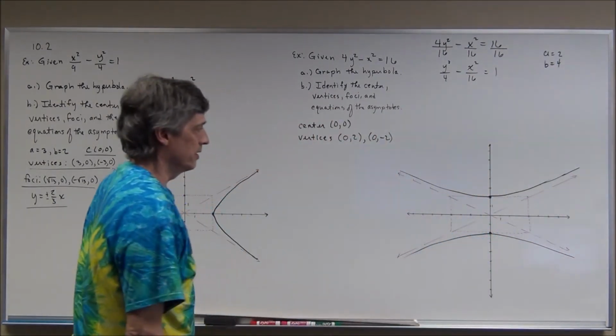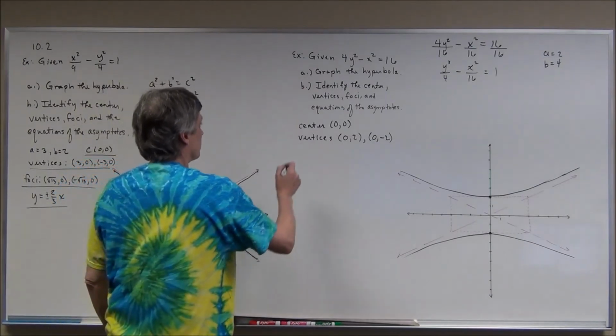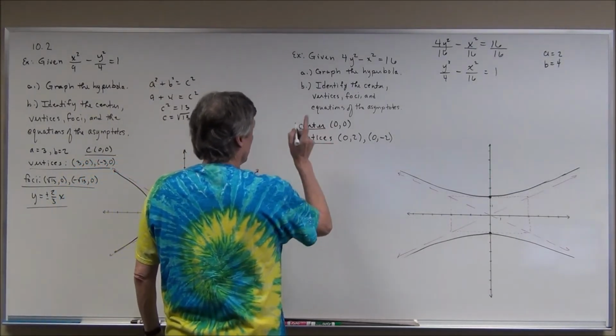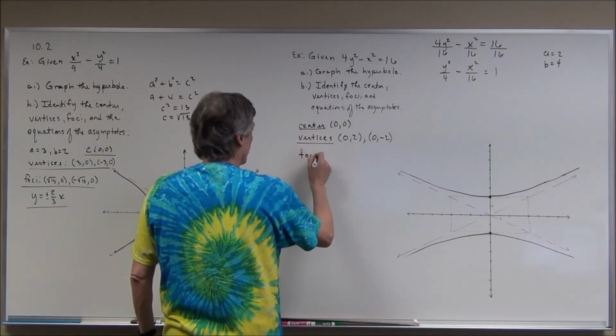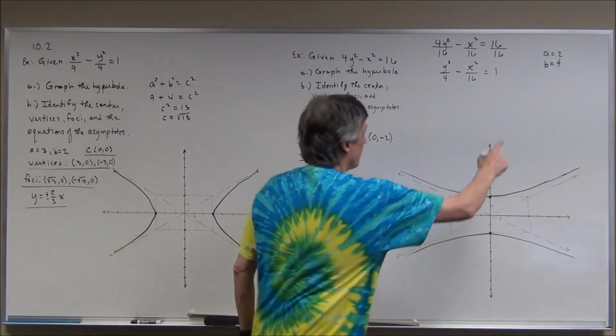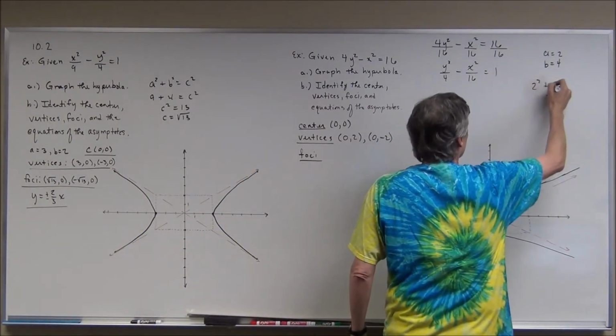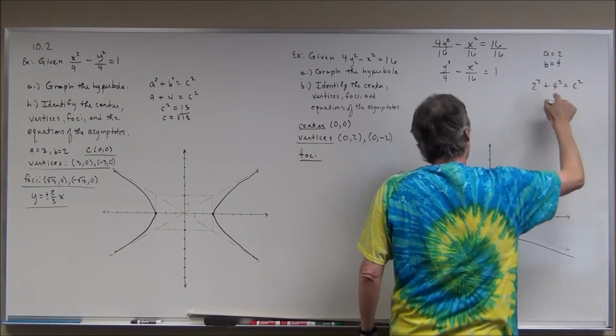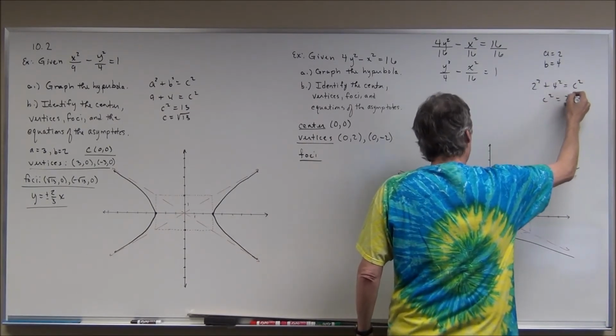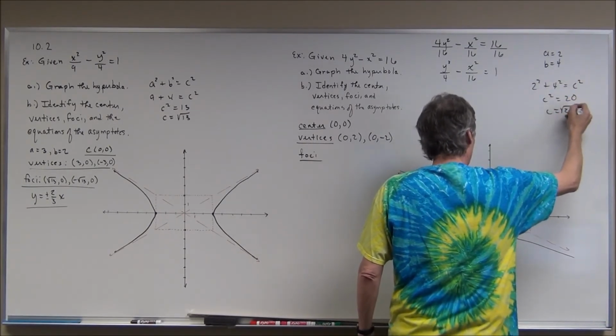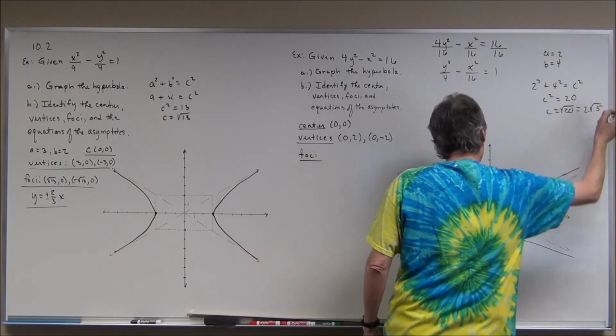Something like that. We have the center, we have the vertices, and we need the foci, so I need to know what c is. There's a and b: 2 squared plus 4 squared equals c squared. So c squared equals 20, c is equal to the square root of 20, or 2 square roots of 5.